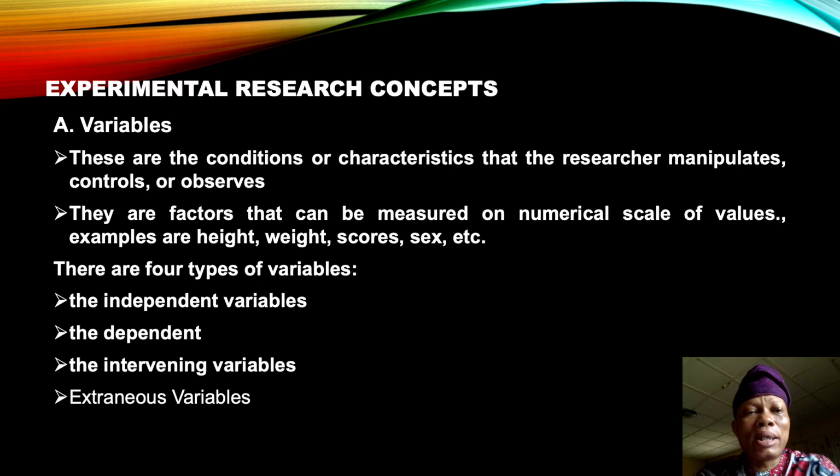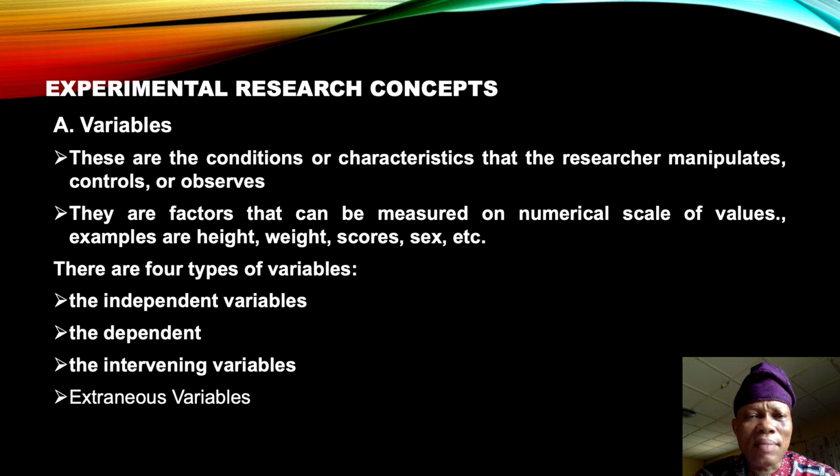Now, experimental research concepts. There are some concepts being used in experimental research, and you should familiarize yourself with them so that when you get to the field, you are not confused. The first one is called variables. These are the conditions or characteristics that the researcher manipulates, controls, or observes.